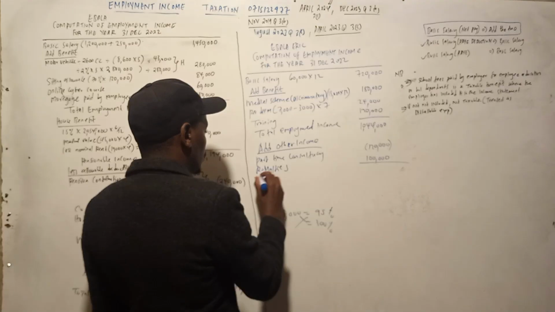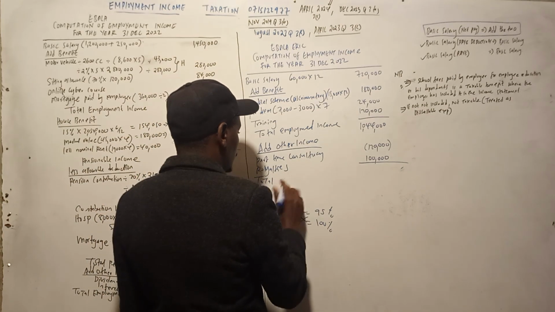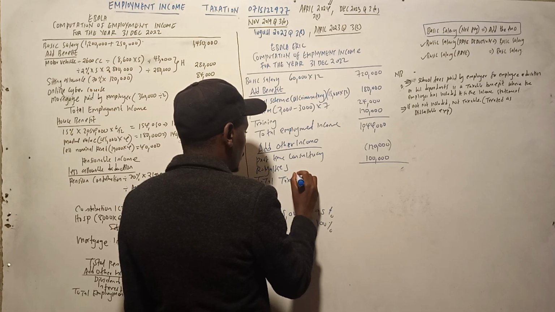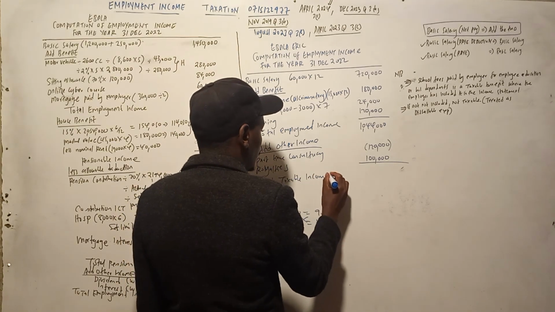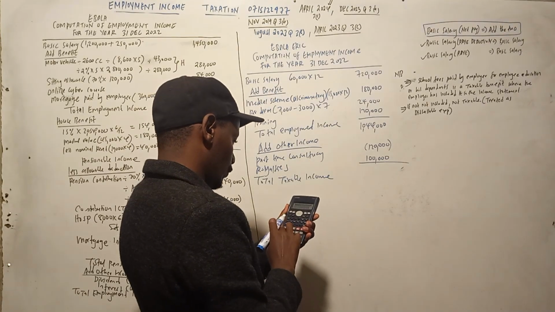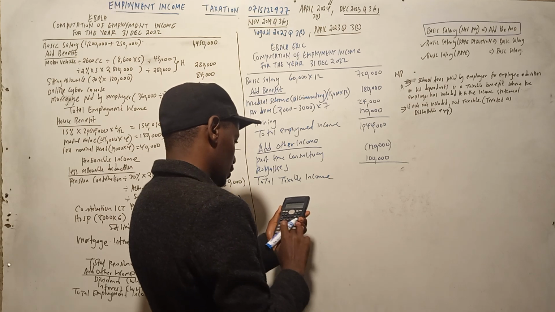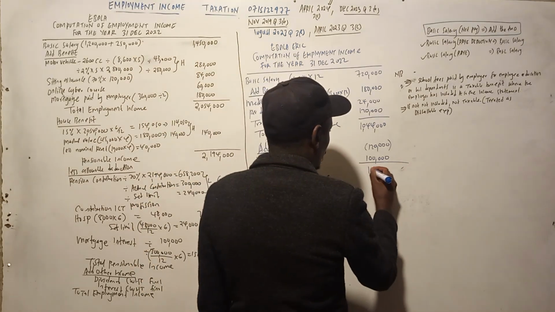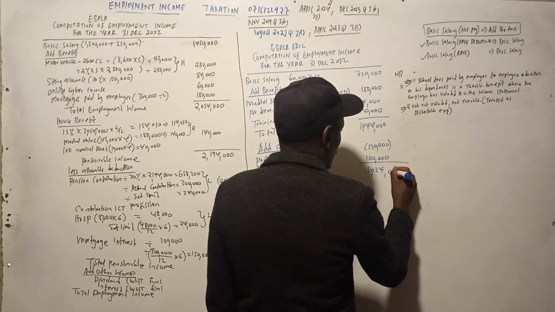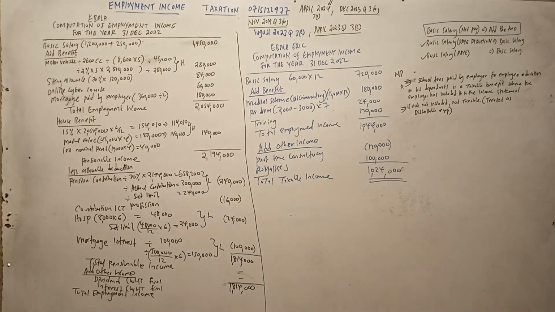So total taxable income: 1044 minus 120 plus 100, which is 1024,000.